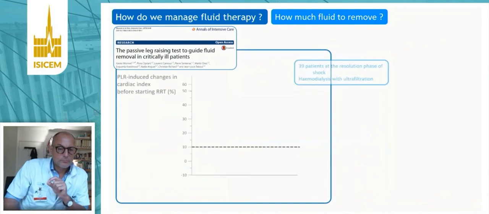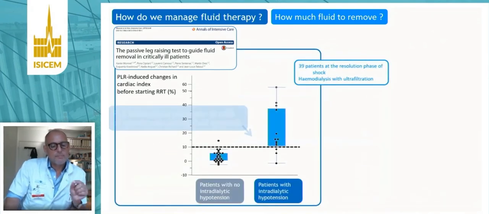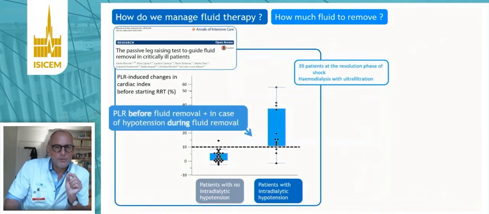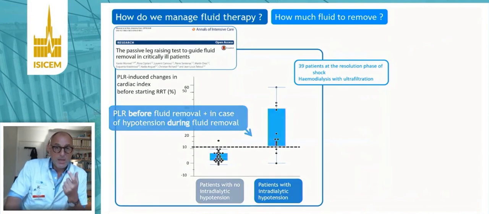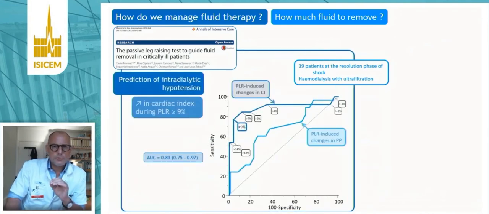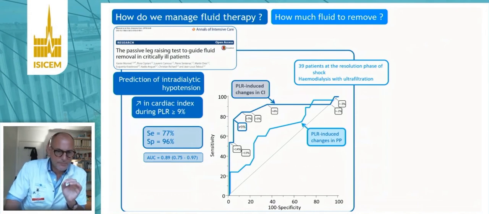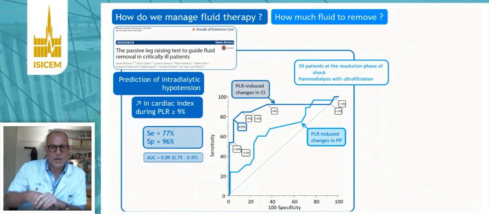And actually, look at the results. The passive leg raising test was more positive, increasing cardiac output more, in patients with intradialytic hypotension. And even more, the response of cardiac output to passive leg raising was able to predict intradialytic hypotension or its absence.